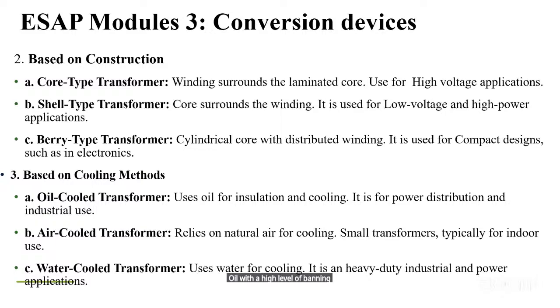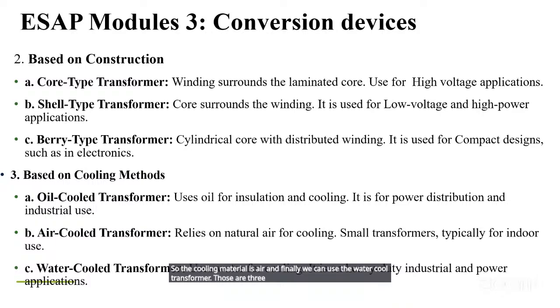We can also use an air-cooled transformer. So the cooling material is air, and finally, we can use a water-cooled transformer. Those are the three types of transformer we can have based on cooling method.